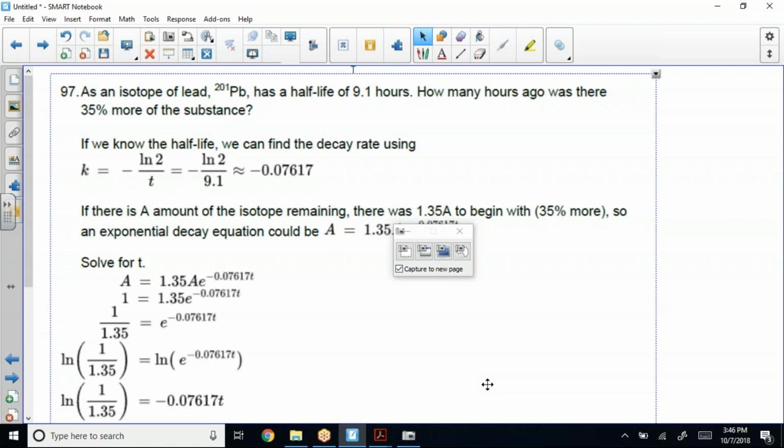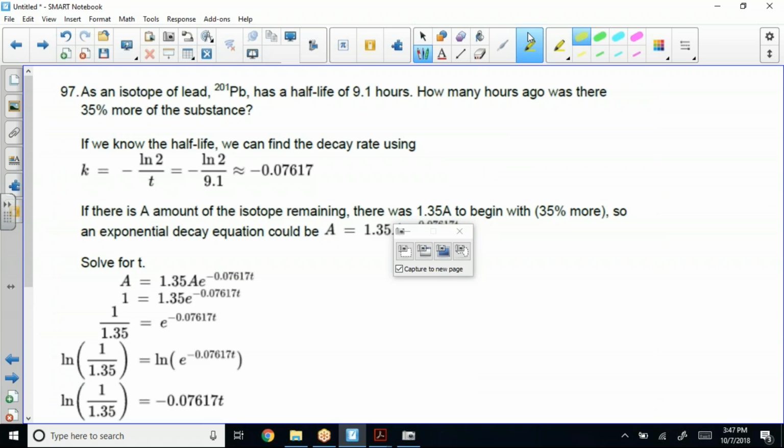All right, let me check something. They gave this formula here that I just highlighted. Yes or no?